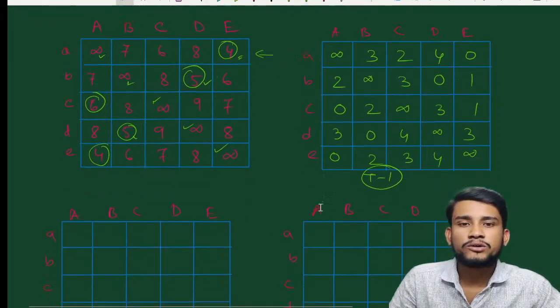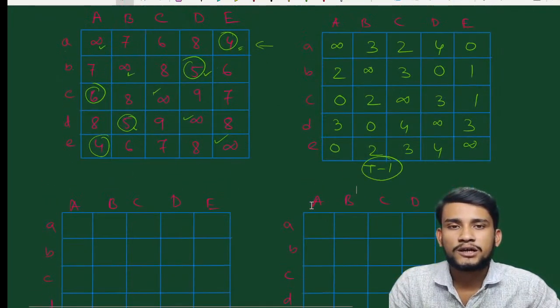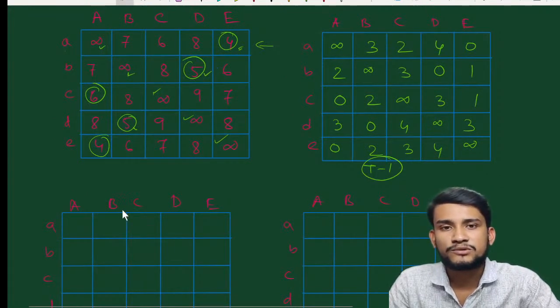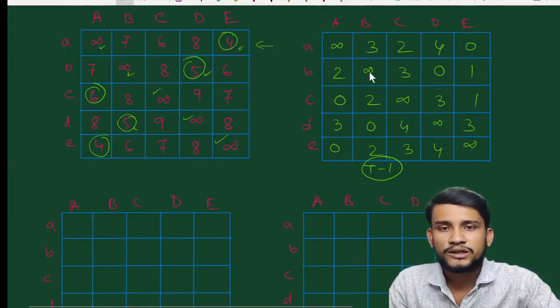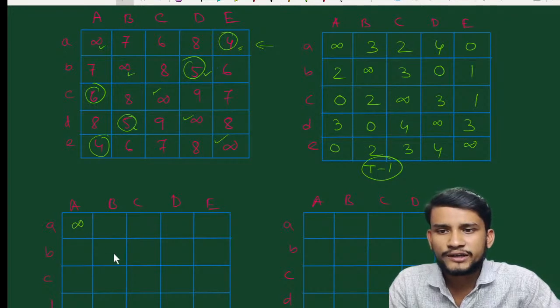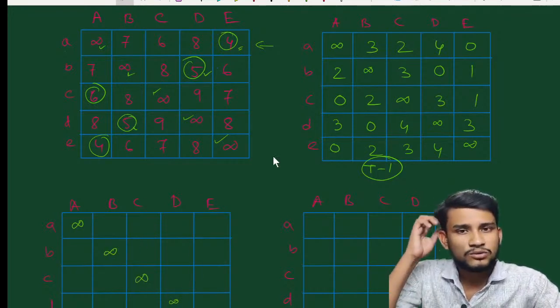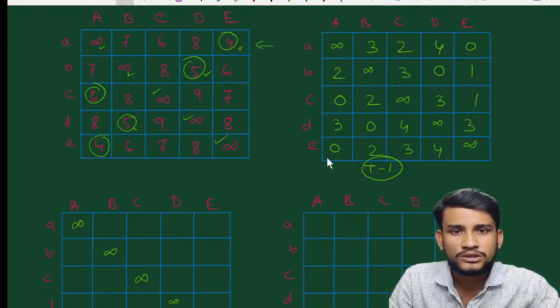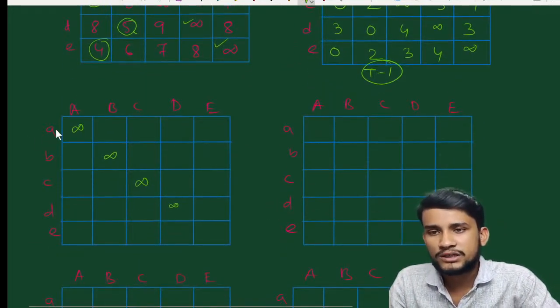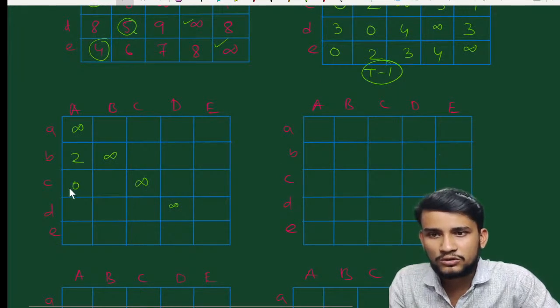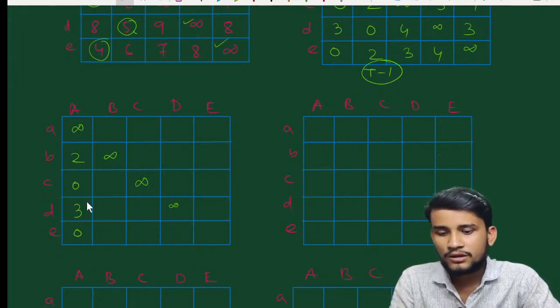Then we go to table 2, where we apply the same operation to the columns. In the first column, infinity, 2, 0, 3, 0; this is the same because there are zeros.